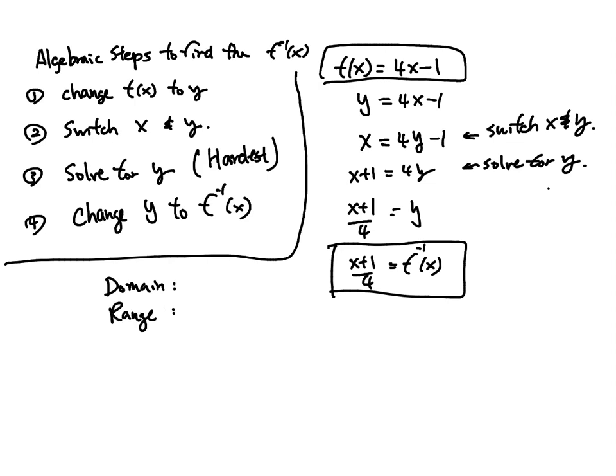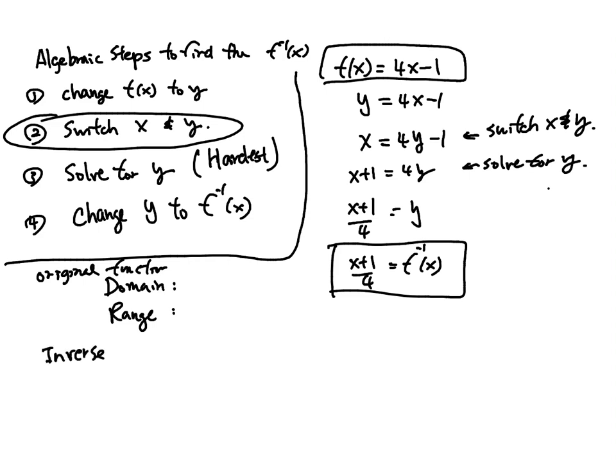Remember the step where we switch the x and y? So if you're talking about the domain and range, because of the switching, the domain and range of the original function is going to be switched for the inverse.